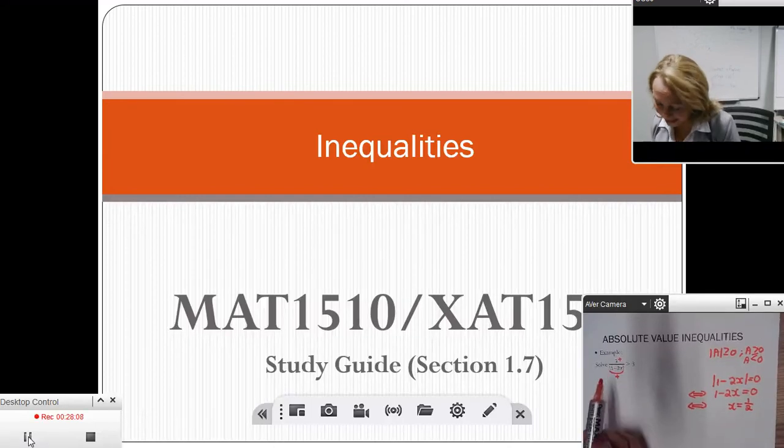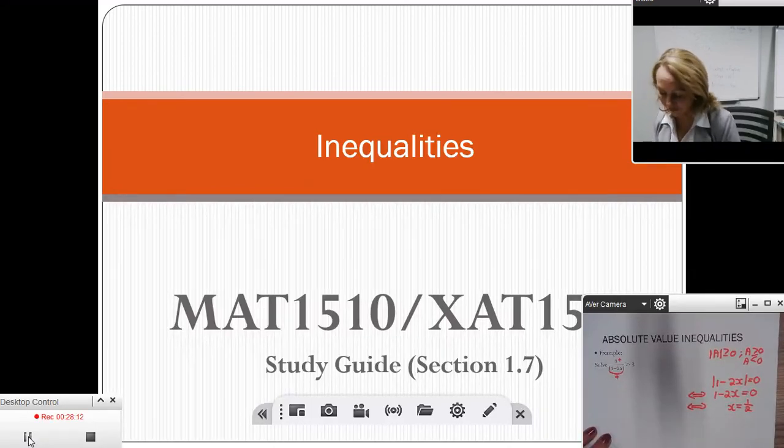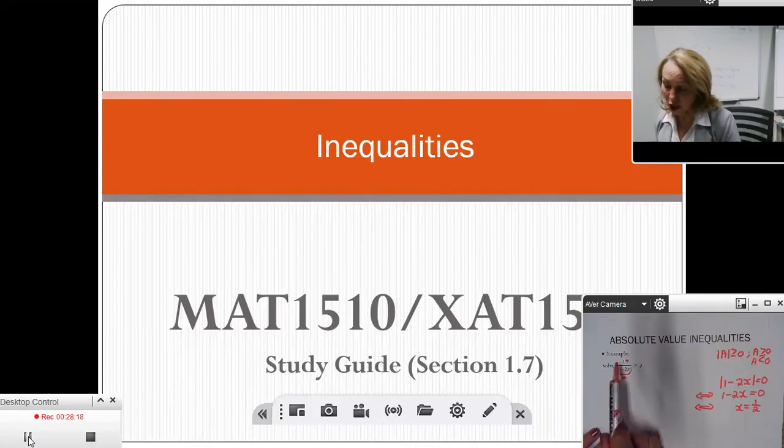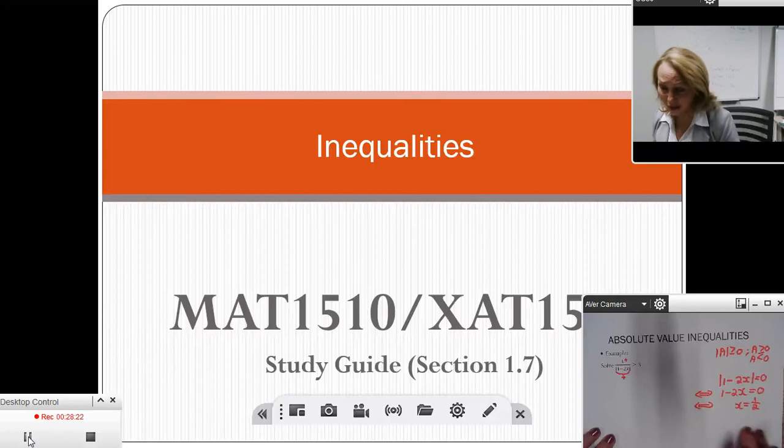Right, so x is equal to half is what is referred to as a restriction on this inequality. If you substitute x equal to half in the denominator, you will have 1 over 0, which is meaningless. So we'll have to keep that in mind when we write down our final solution.